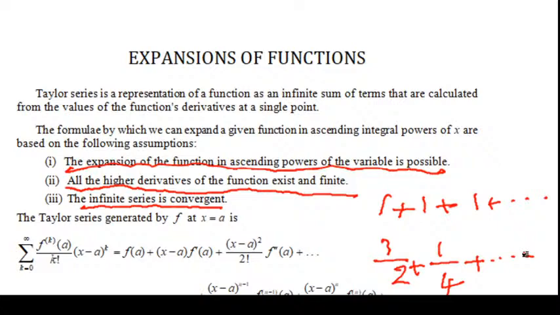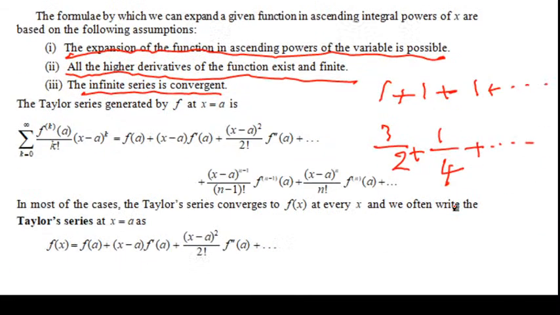For that purpose, what we do is we define the Taylor series of a function f. See, f is a function, okay, and we discuss the Taylor series of f at the point x is equal to a.